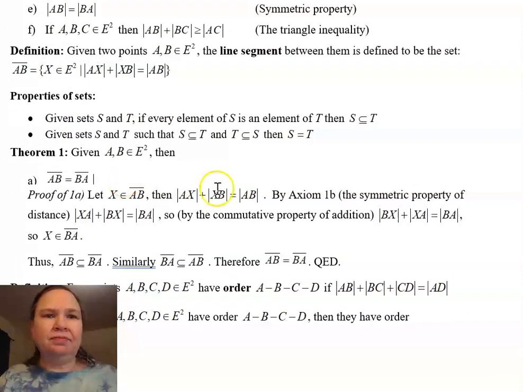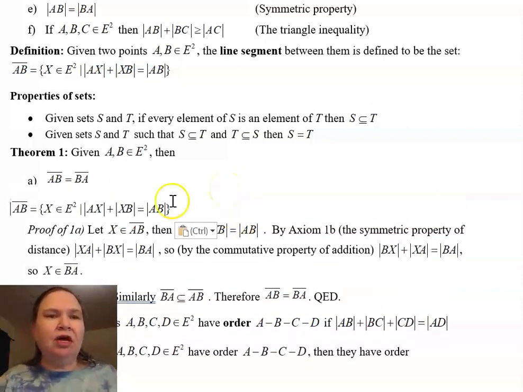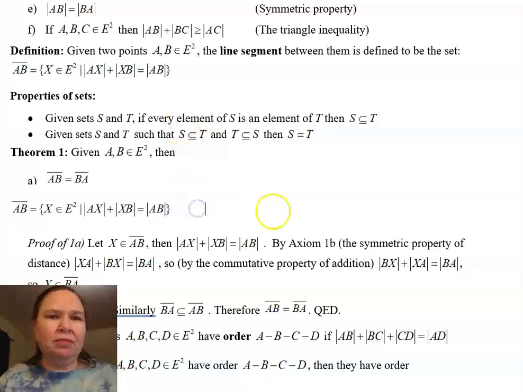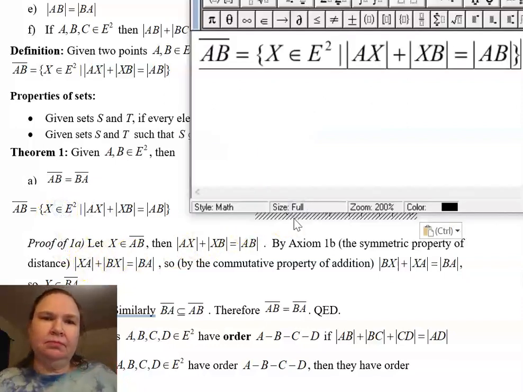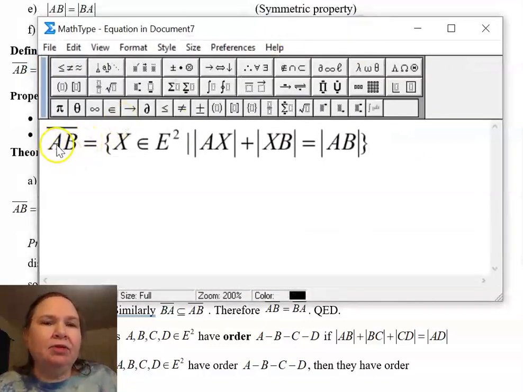So I'm just trying to figure out what I'm going to do here. I need to know what the segment AB is, and I need to know what the segment BA is. So how do I change this definition of a segment AB into a definition of a segment BA? Well, A and B are named constants, and I'm going to switch their order.